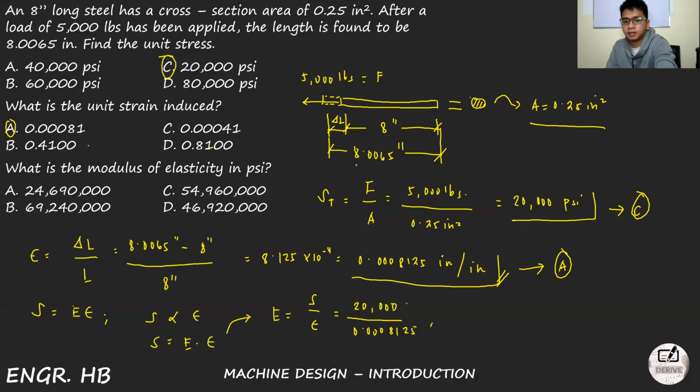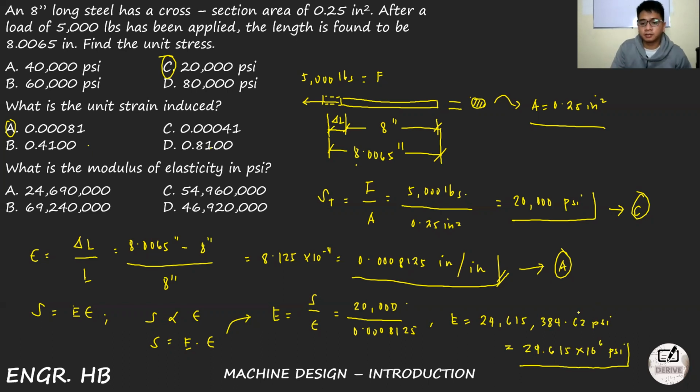So 20,000 divided by 0.008125. That was 24,615,384.62 PSI. Or, pwede natin siyang sabihin 24.615 times 10 raised to 6 PSI.